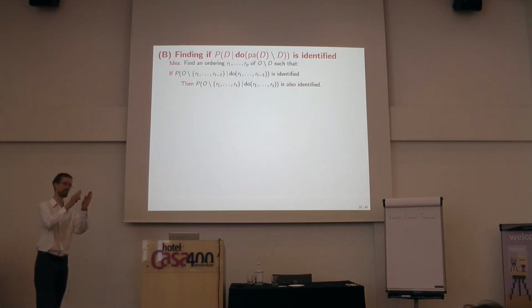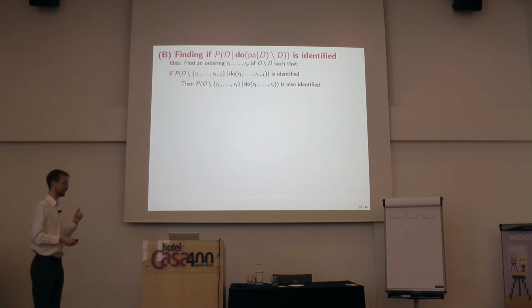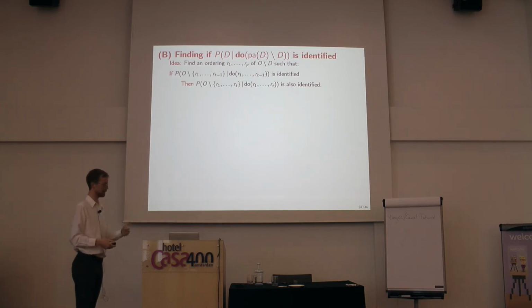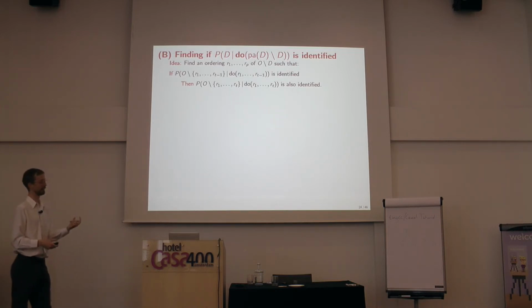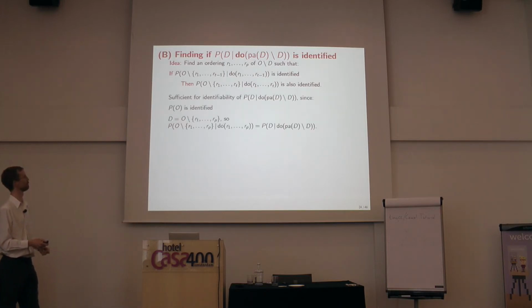So what I'm going to do is give you an ordering of the other vertices, the vertices that are not in D, such that at each stage, if I've identified the intervention distribution where I intervene on R1 to RT minus 1, then I can also identify the distribution where I, in addition, intervene on RT.